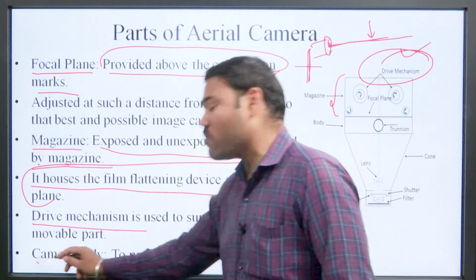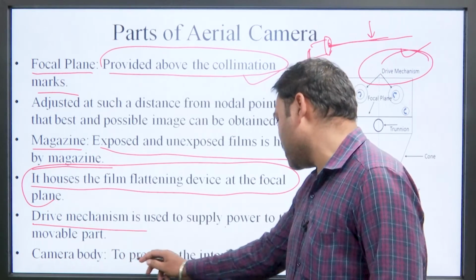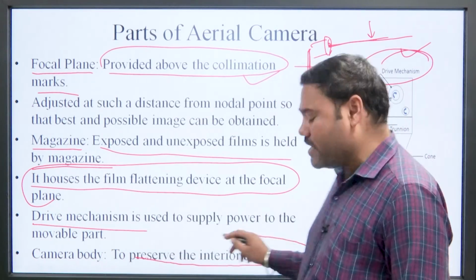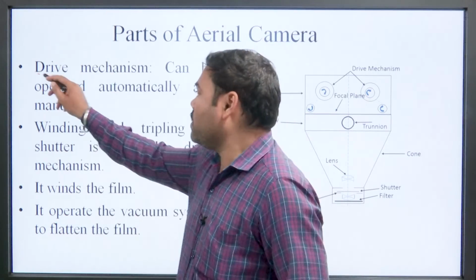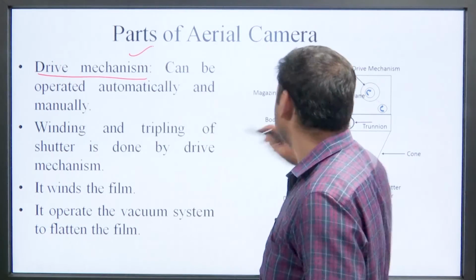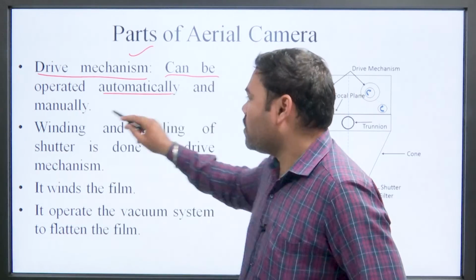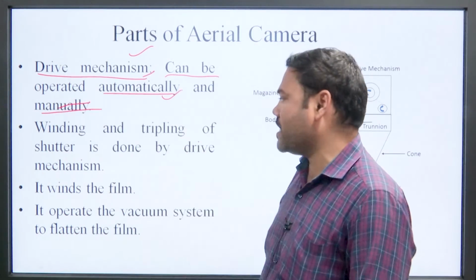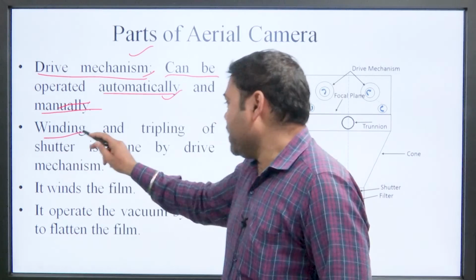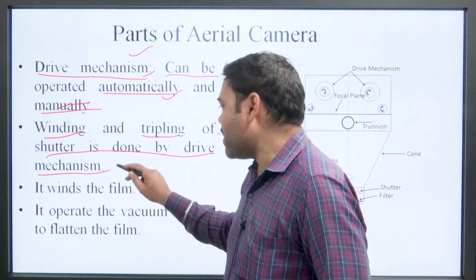What is the role of the camera body? Basically, the camera body is to preserve the interior orientation. Now, the drive mechanism can be operated manually or automatically. Winding and tripping of the shutter is done by the drive mechanism.